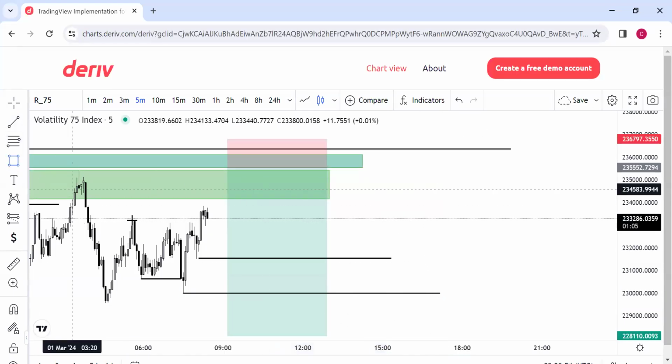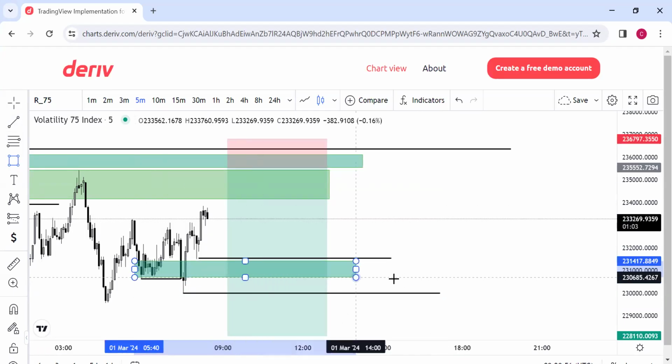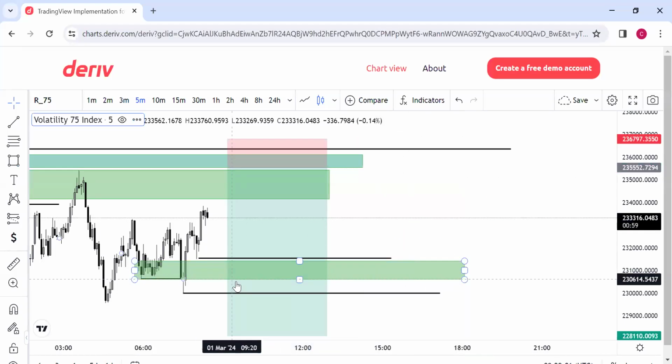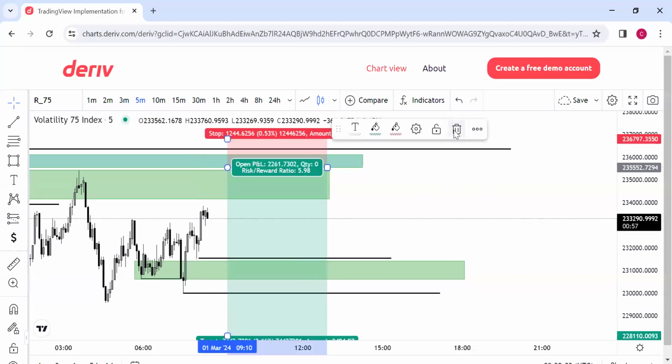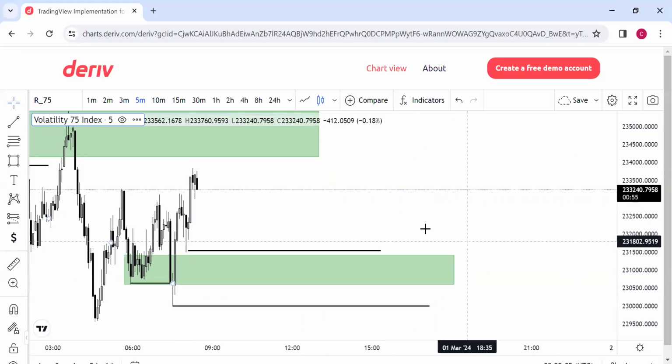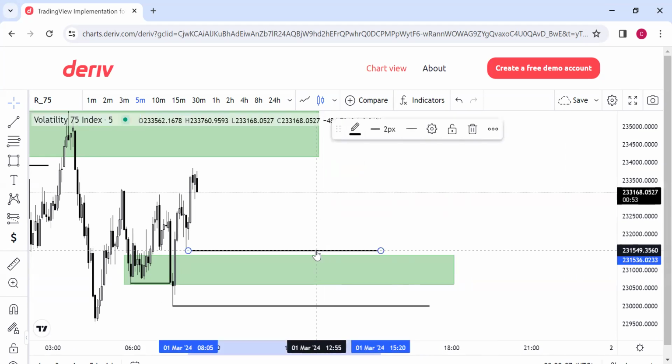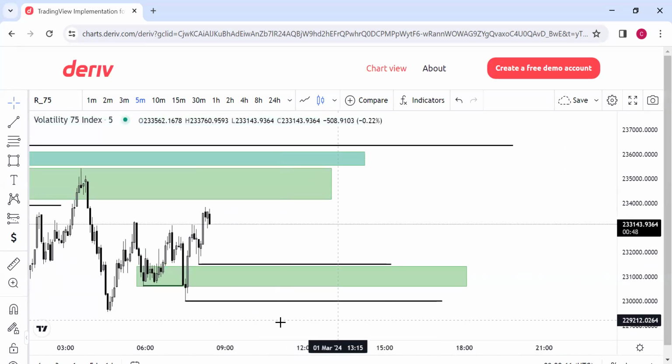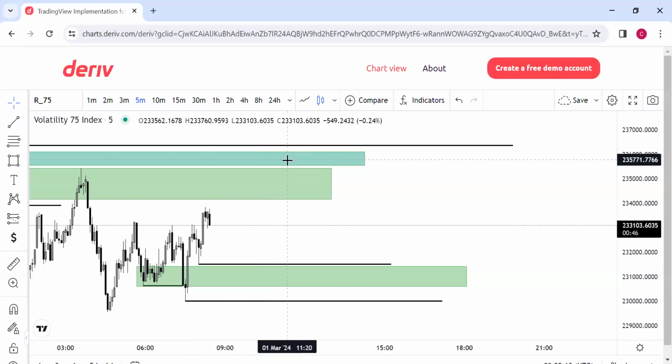Let's remove this one. This is V75 buy continuation. If V75 tags in this buy before this sell, this sell might be invalidated.